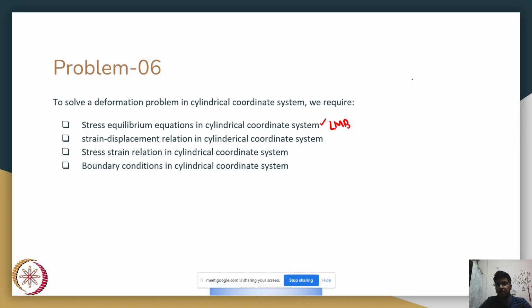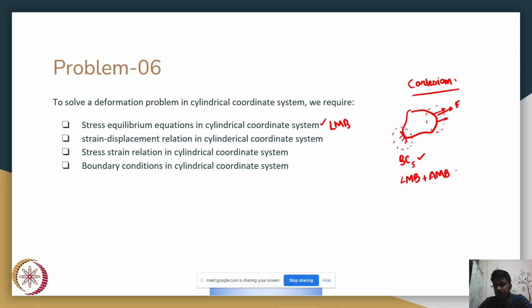If you remember, if you have a body, say clamped like this and some force is applied, then we can solve this deformation problem if boundary conditions are given, which means where displacement is constrained or force is applied. Secondly, you need the linear momentum balance and angular momentum balance equations, right?